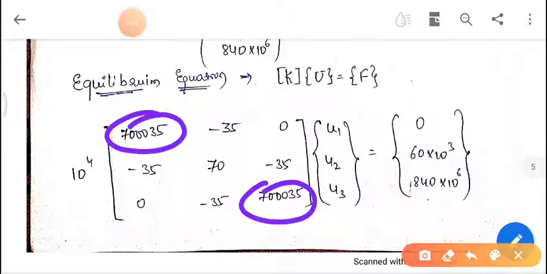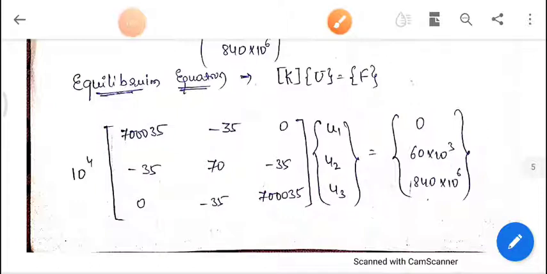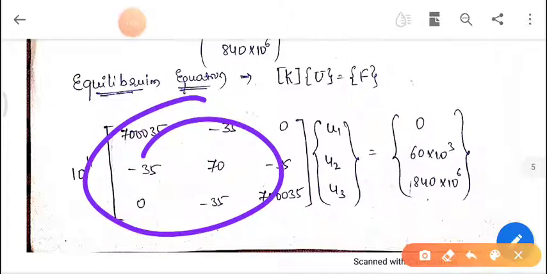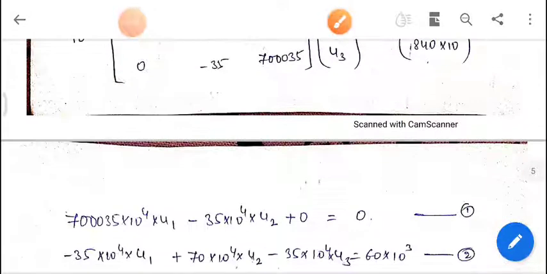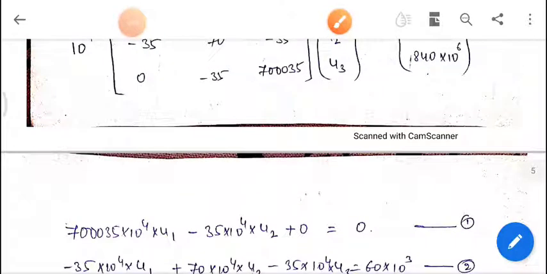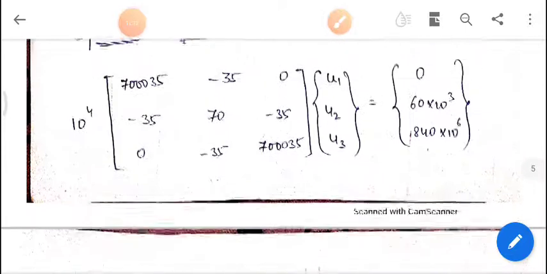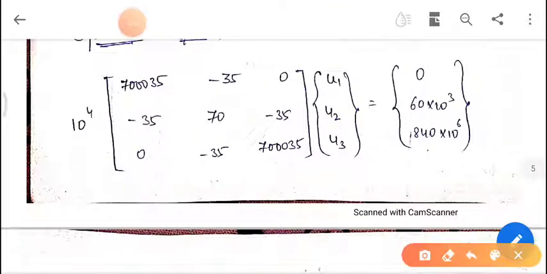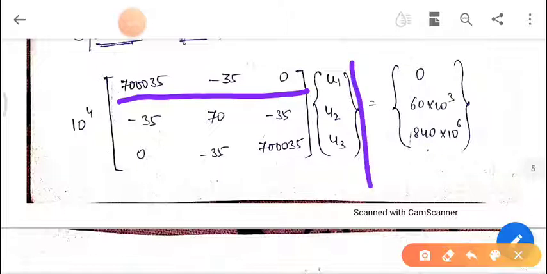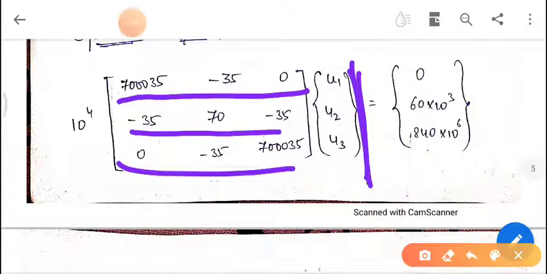Once we have substituted the global stiffness matrix, global displacement vector and global load vector, we can't do elimination here. What we need to do is write 3 equations, multiplying this row into the column, this row into the column, this row into the column.